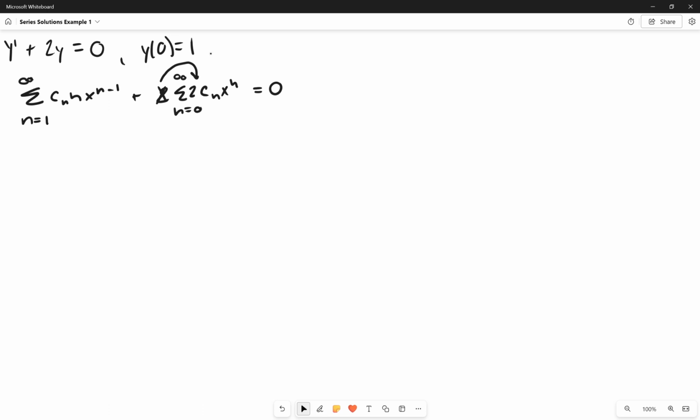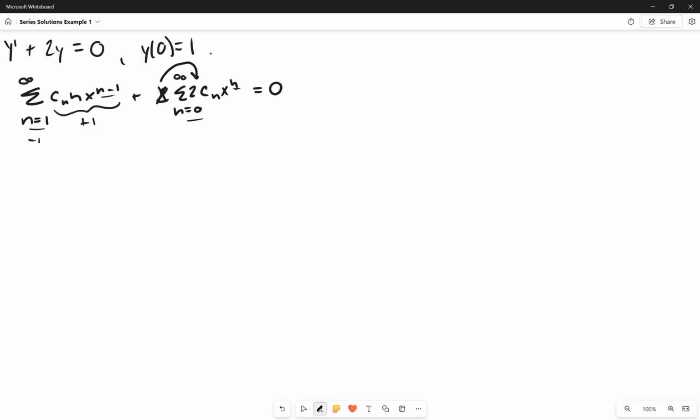And from here, the next thing we need to do is reindex and correct for the reindexing. So obviously, I want everything to line up with just an n. It's going to be easiest to just have an n for the powers. And then I want the starting index for the sums to be the same, so I can ultimately combine them. So if I do that, I'm going to subtract 1 here, and then I'm going to add 1 to the n.